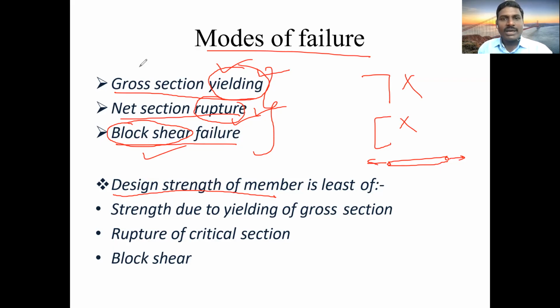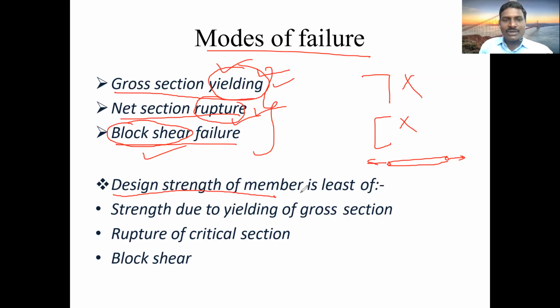It means at what strength your member or your joint will fail, that we have learned in bolted and welded connections. Similarly, a tension member also fails by yielding, by rupture, and by block shear. It means for these three we have to calculate the strength. What will be the strength for yielding, for rupture, and for block shear, that we have to find.